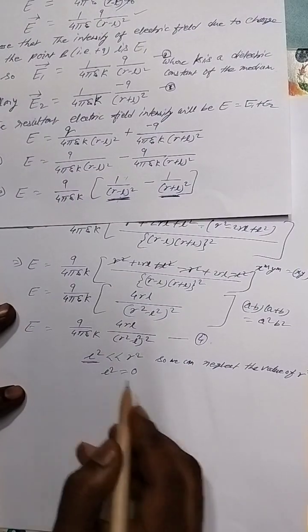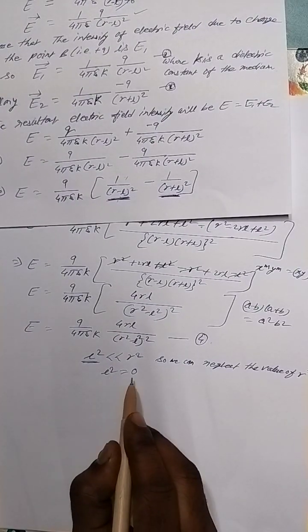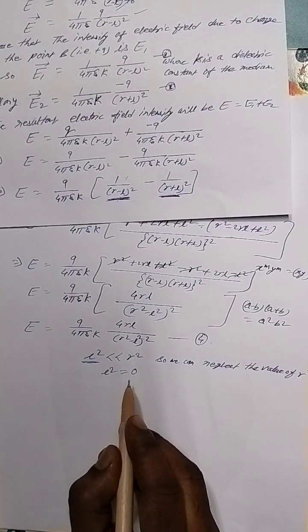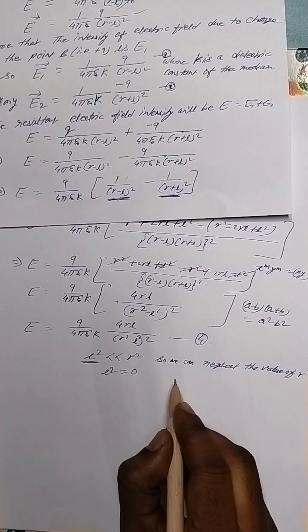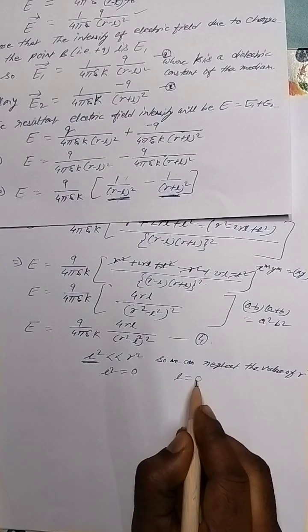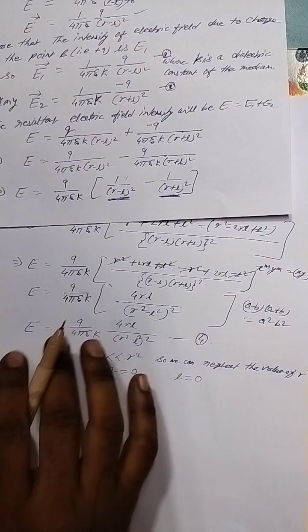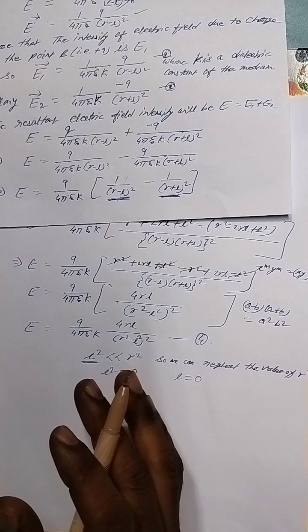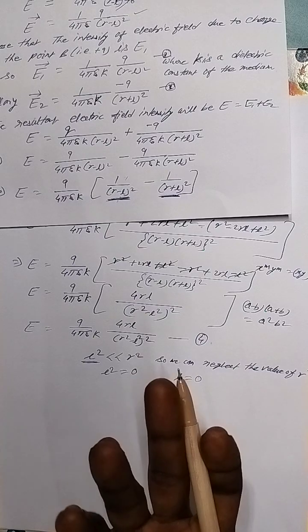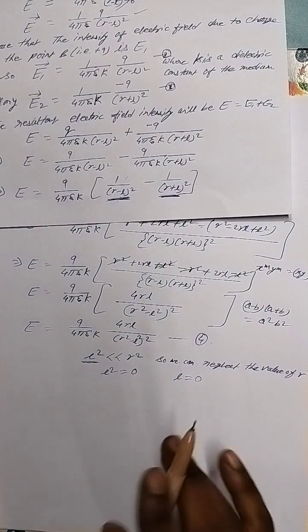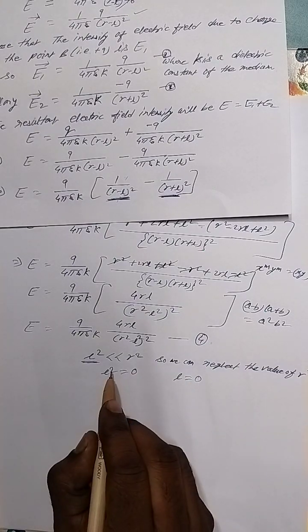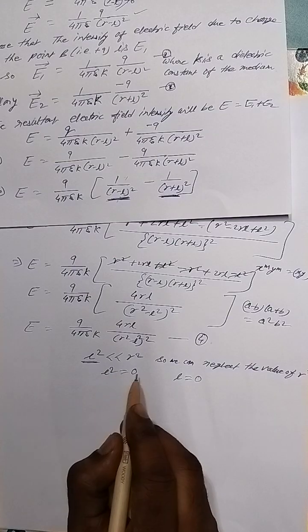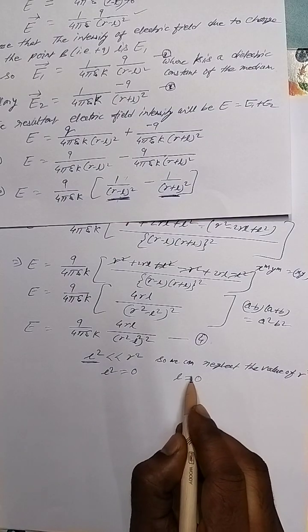In the equation, put the value of l square equal to 0. Please don't put the value of l equal to 0, otherwise the total electric field intensity will be 0. Understand? The value of l square can be taken as 0, but l cannot be 0.